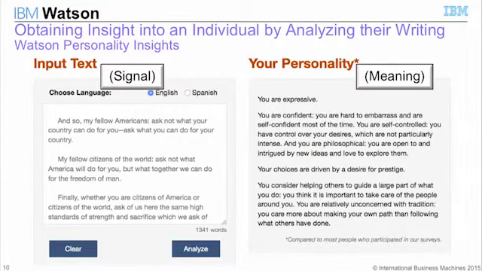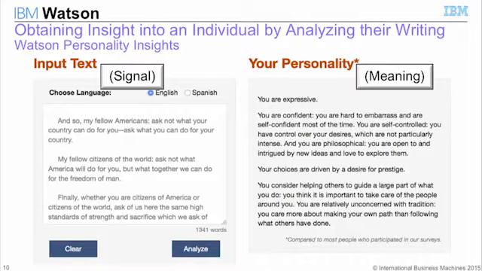So I mentioned that Watson has 28 microservices on Bluemix. This is one of them called Personality Insights. And it's very easy to use, and that's the characteristic of all these services. This is actually the landing page, by the way, for the service.